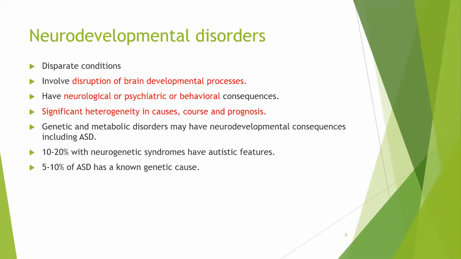So when we talk about neurodevelopmental disorders, these are disparate conditions, which means that they have varying causes, and they've been grouped together because they involve disruption of brain developmental processes.